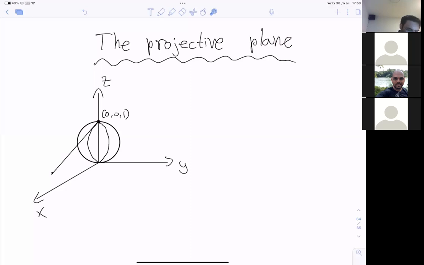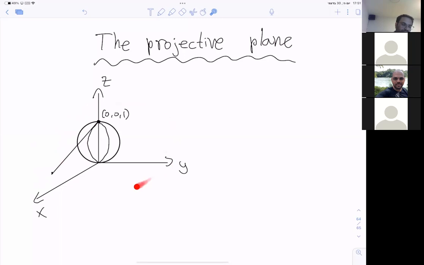When I say correspondence, any point here corresponds to a single line. So actually, this sphere corresponds to the plane.